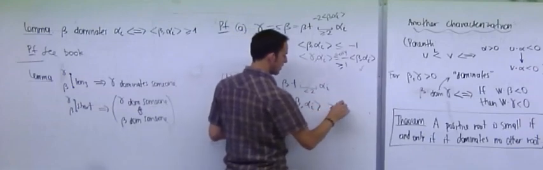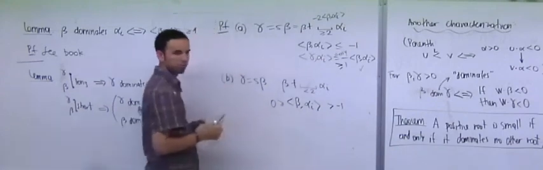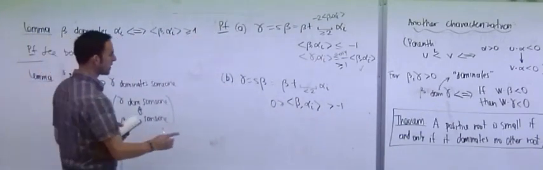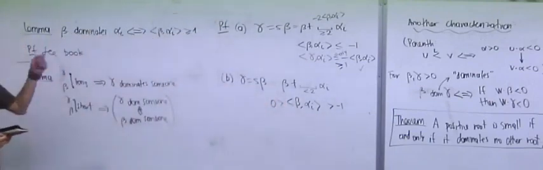It's bigger than -1, but it is negative. Actually, it's strictly negative. Okay? It can't be 0 because we're really going up or down the poset.